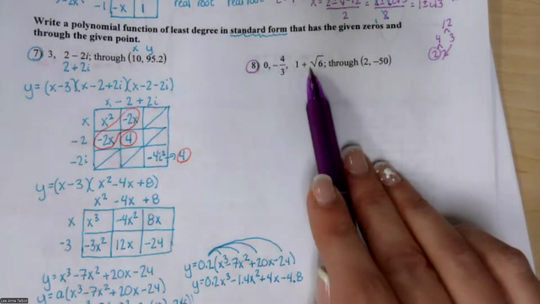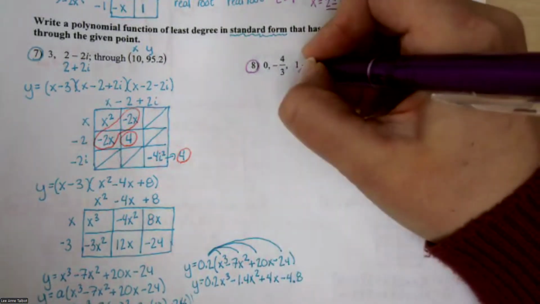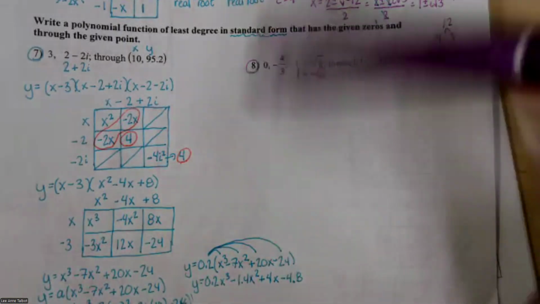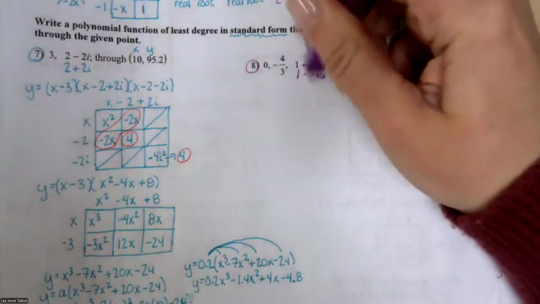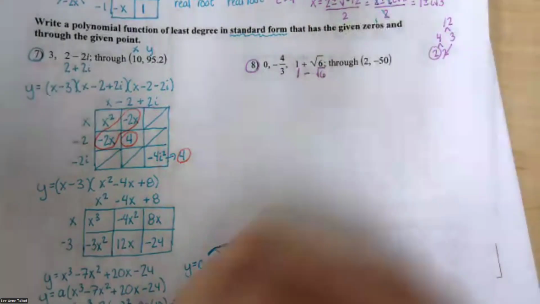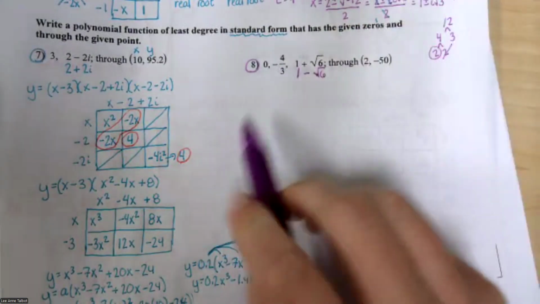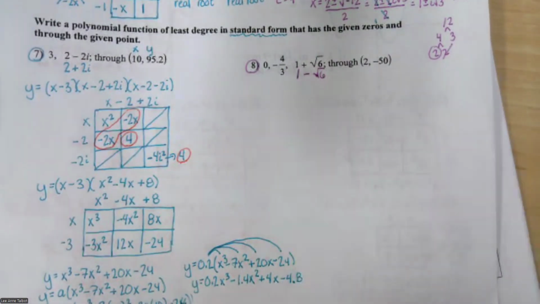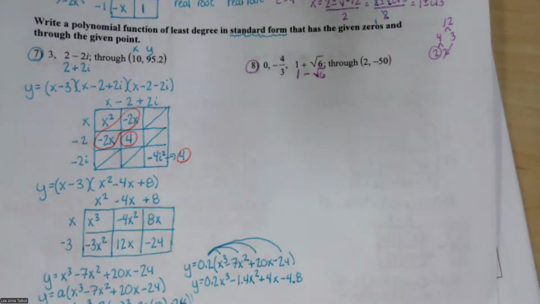Irrational and complex have conjugates. So if you have this, you need to know that there's also that. No, I'm not going to put plus negative. I'm just going to put minus. Okay. So this guy does not have a conjugate. This guy does not have a conjugate, but this guy does have a conjugate.